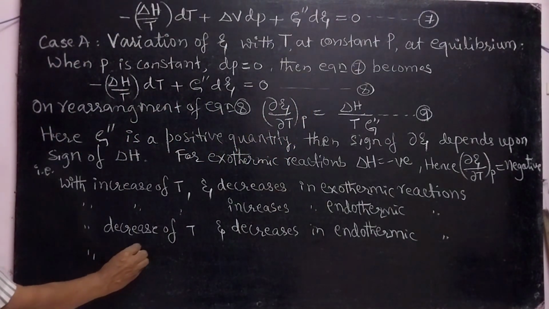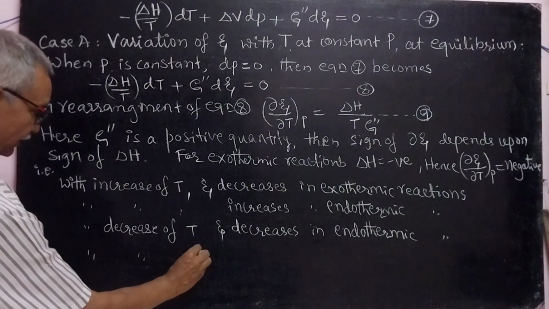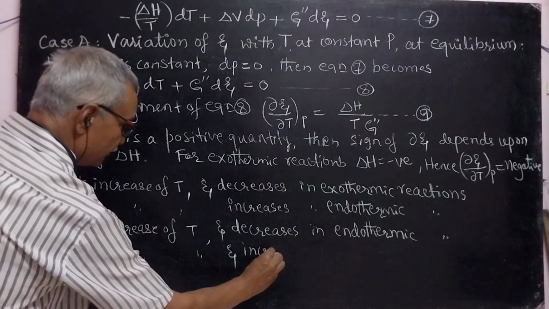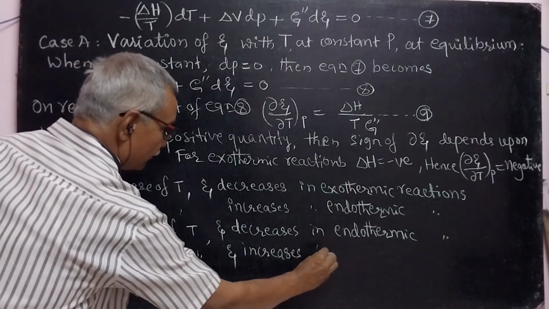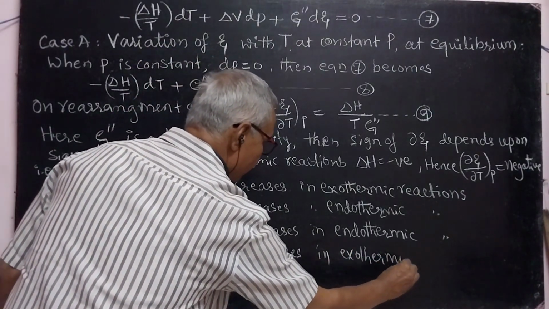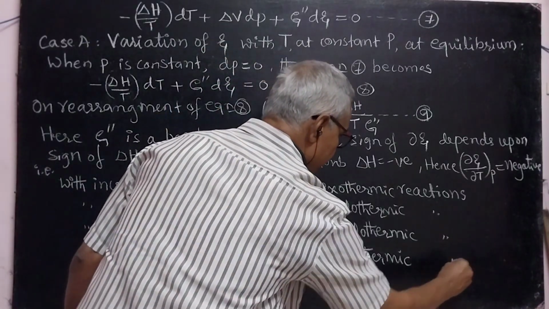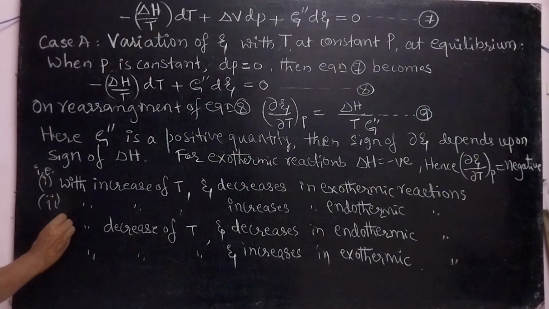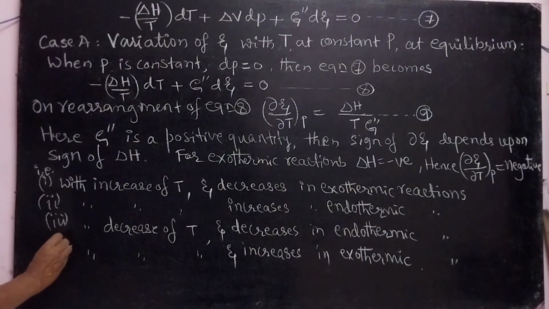Then with decrease of T, ξ increases in exothermic reactions. In this way, we can apply 1, 2, 3, and 4 in the case of variation of temperature at constant pressure.